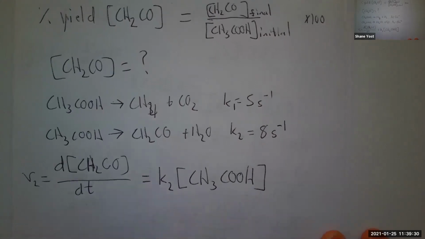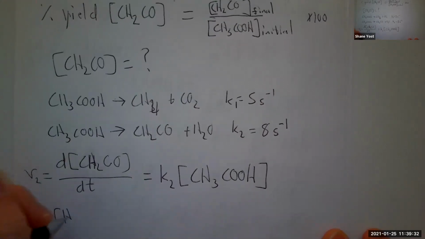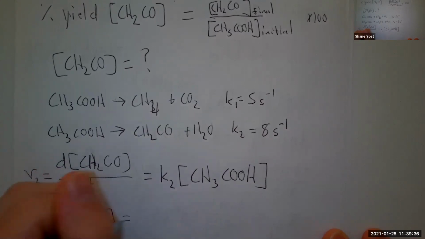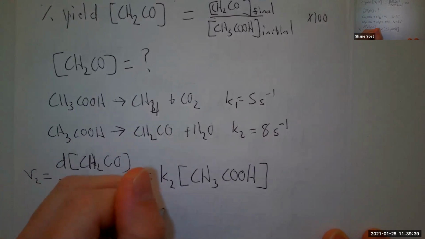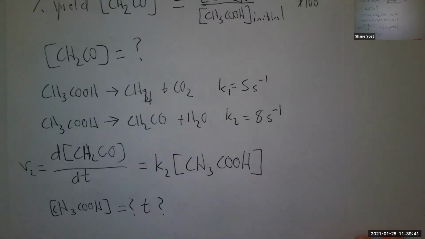To solve for this, I need to know how CH3COOH changes with time. How is this a function of time? What is the change in CH3COOH as a function of time?